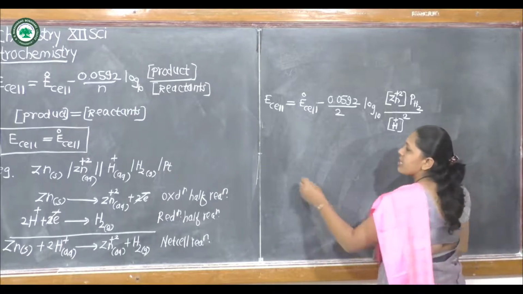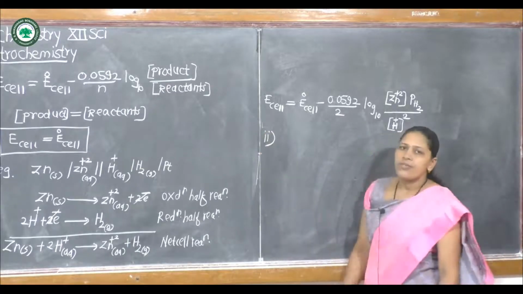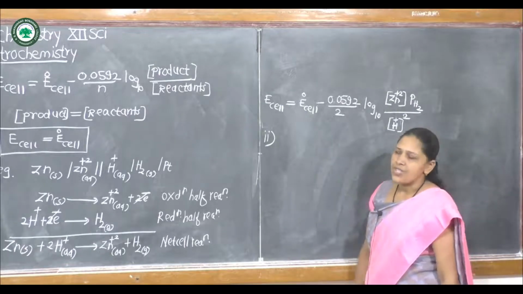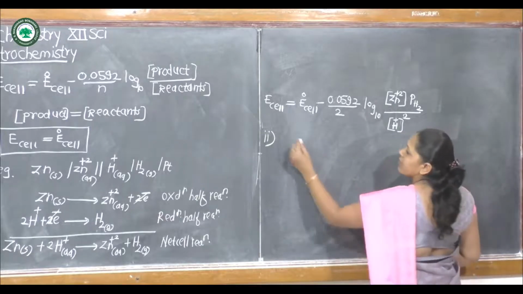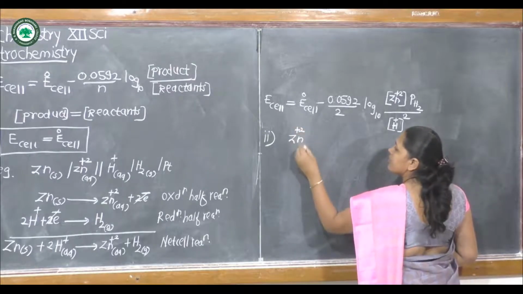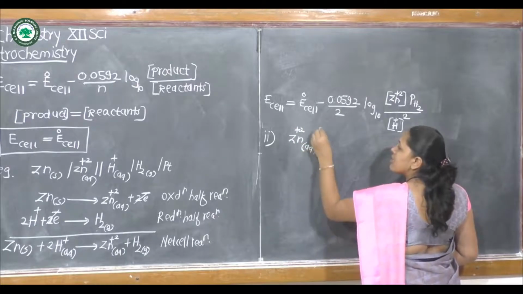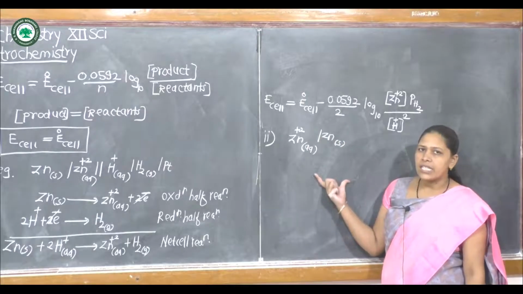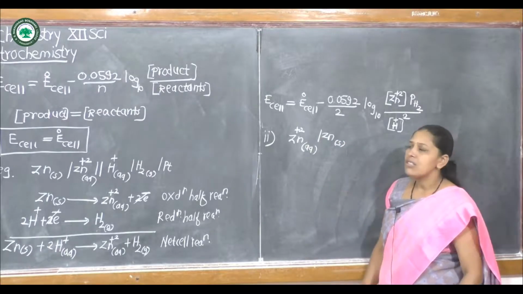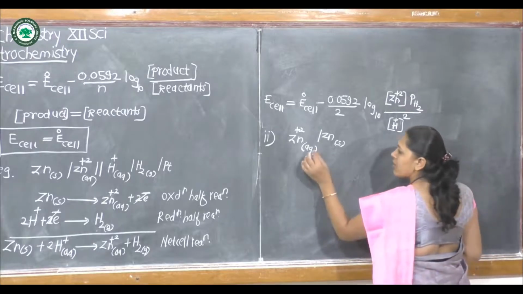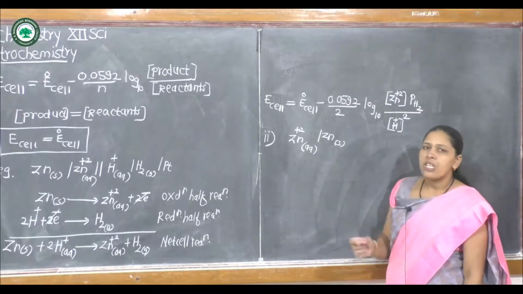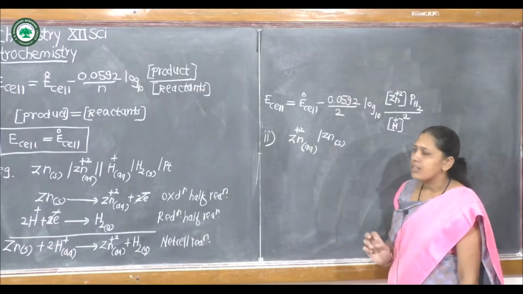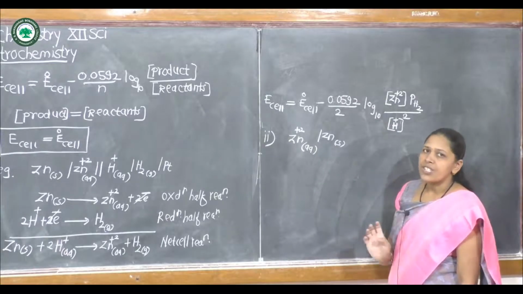Second example, if you have to calculate single electrode potential by using the Nernst equation, then how? For example, this is a single electrode, and its potential is calculated by using the Nernst equation. How? First of all, identify whether this electrode is an anode or a cathode depending on the sequence of aqueous or solid state first.